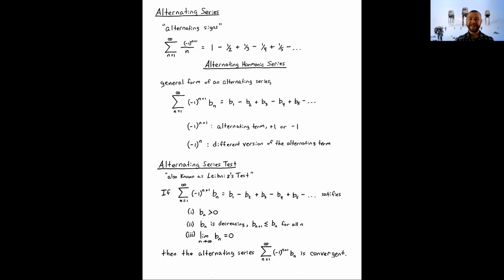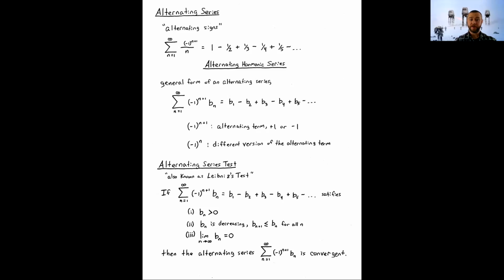All right, and what the alternating series test says is that there are 3 conditions on the non-alternating term b sub n. The first condition: in order to have a truly alternating series, one that goes back and forth between positive and negative values forever, the positive and negative signs have to only come from the alternating term, -1 to the n or -1 to the n+1.